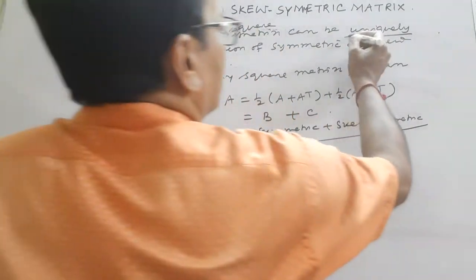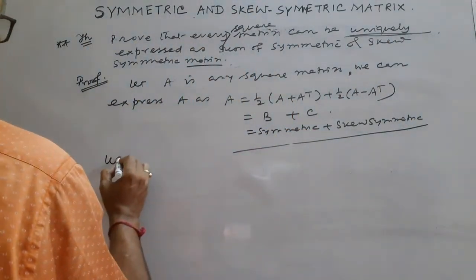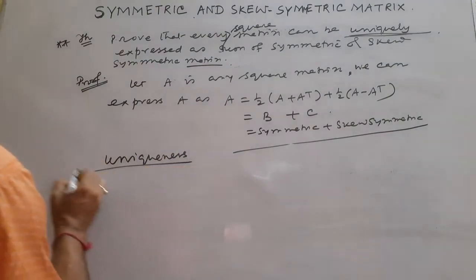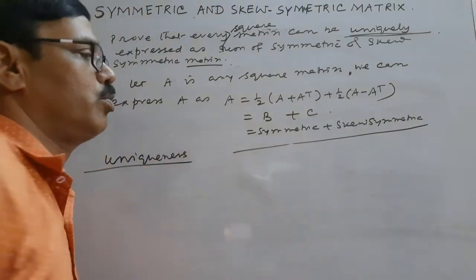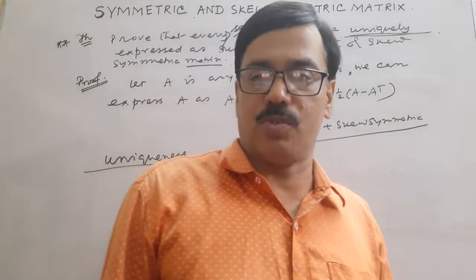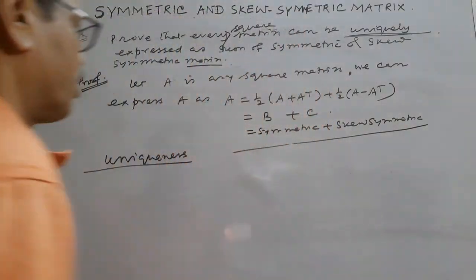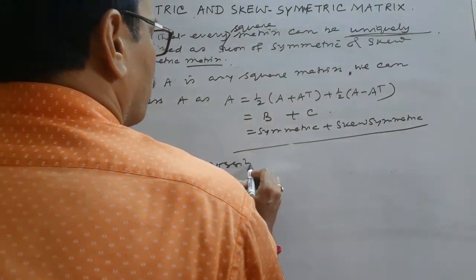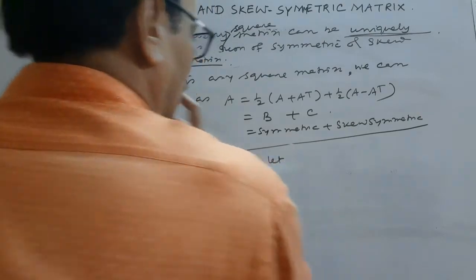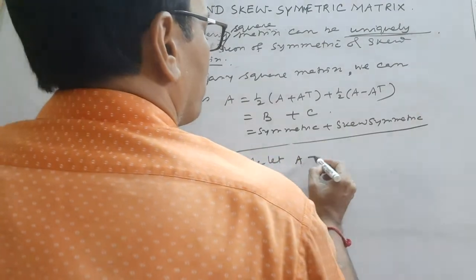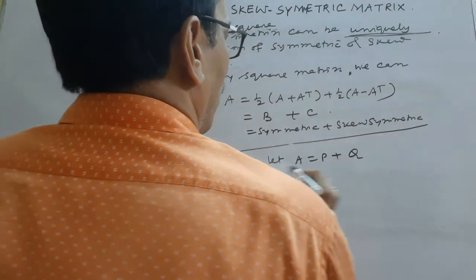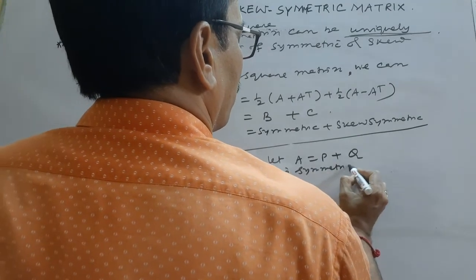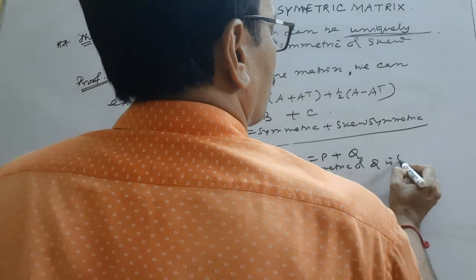Now for uniqueness. What is uniqueness? We have taken B and C as the symmetric and skew symmetric matrices. If possible, let A equal P plus Q, where P is symmetric and Q is skew symmetric.